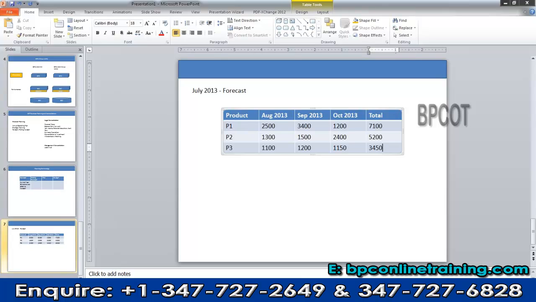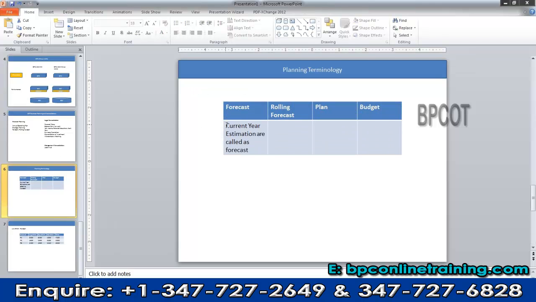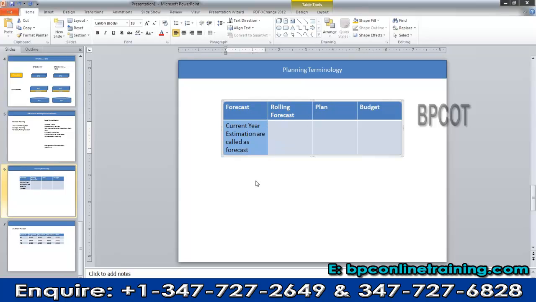This is my total. Done. Now then, the next thing. This is what? Forecast. That's what I have written here. Current year estimations are called forecast.